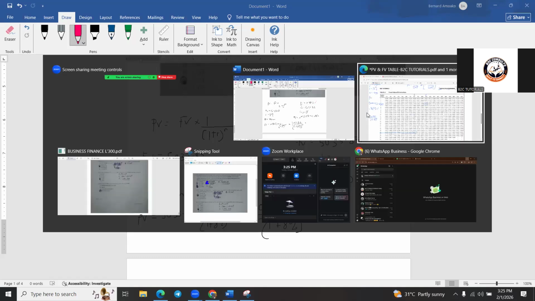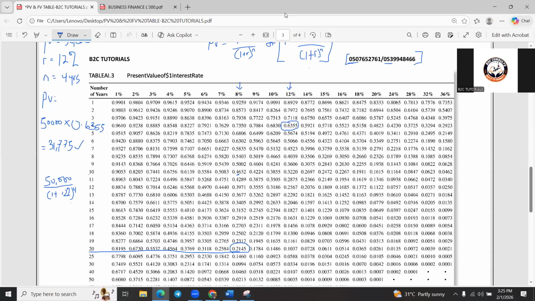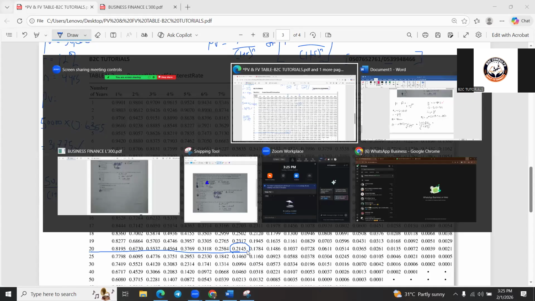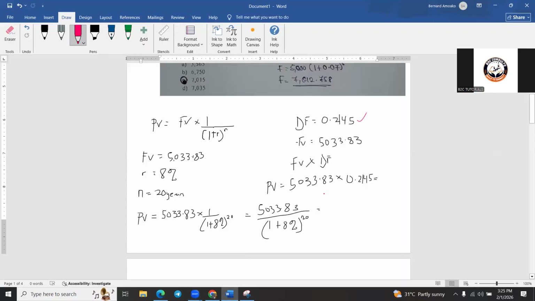Let's go again and see it out for ourselves. So this is it. 2145, not 245. So let's redo the computation. So 5033.83 times 0.2145 should have been 1079.76.